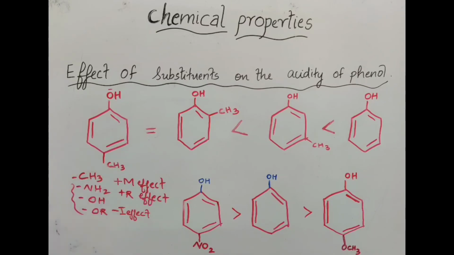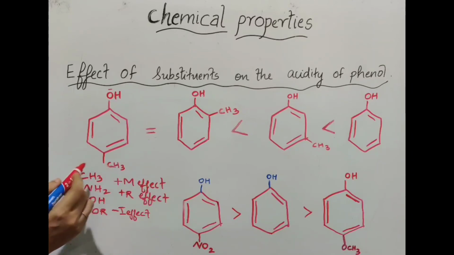There are two effects, that is positive inductive effect and negative inductive effect. Here the negative inductive effect is dominating. Positive refers to the electron releasing tendency of a functional group, for example, the alkyl group.